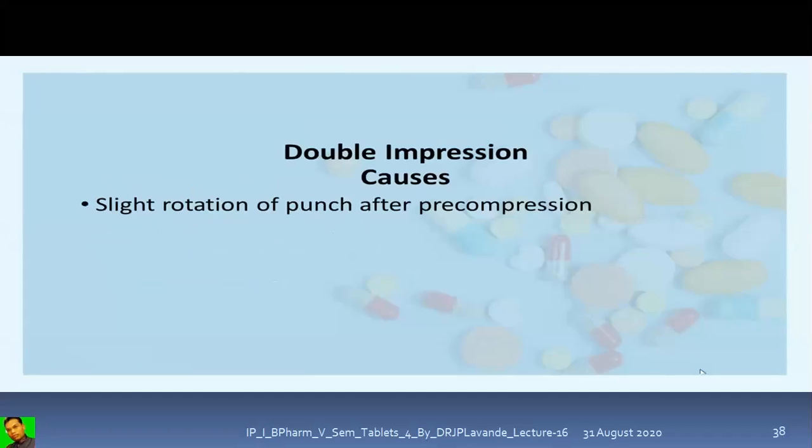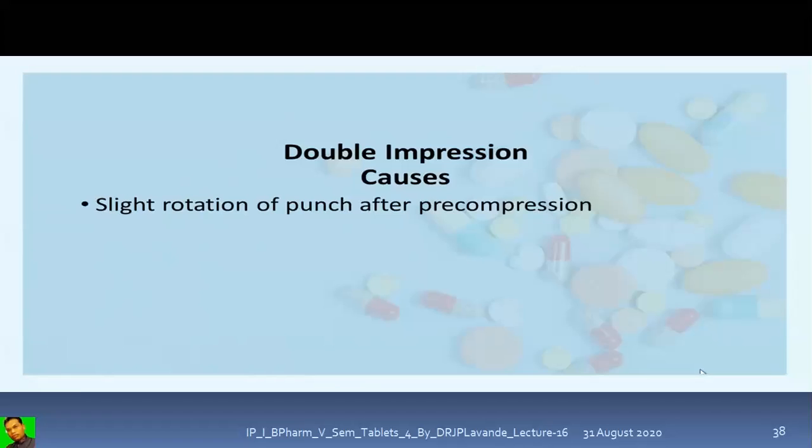So during ejection, during the release of pressure, what will happen? The punch passes through the cam, and that cam may lead to rotation of the punches if the punch is a rounded one, right? That rotation will lead to double impression.